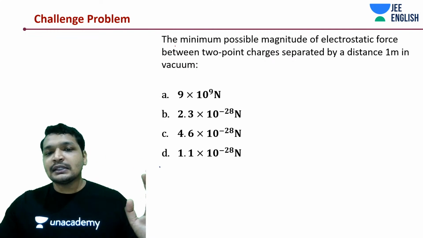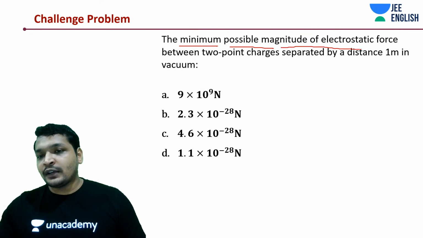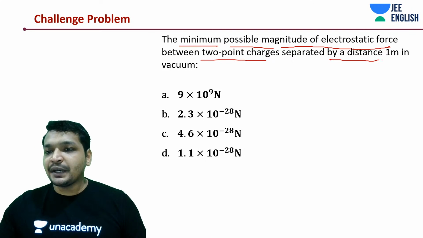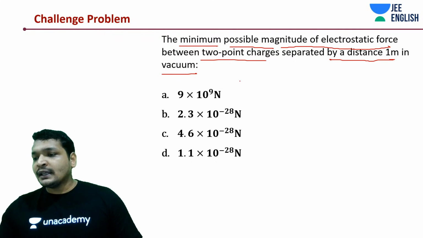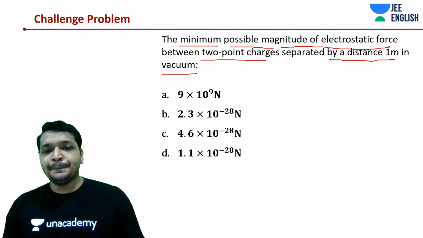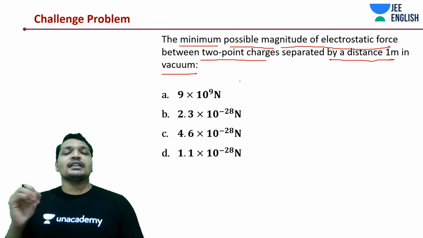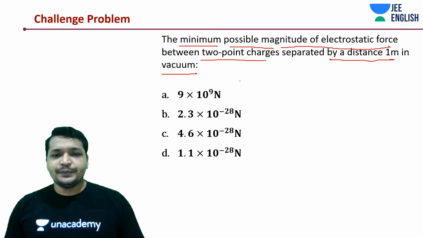Guys, it's really simple. The minimum possible force, magnitude of electrostatic force between 2 point charges separated by 1 meter distance in vacuum. Any guesses, students, what it should be? It's a very simple question, given that you attended all the lectures until now.